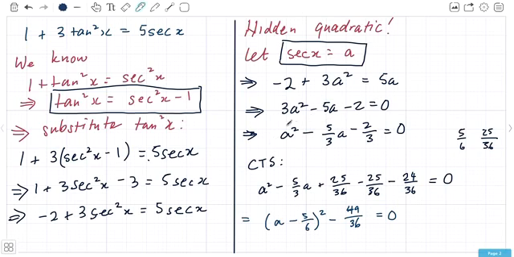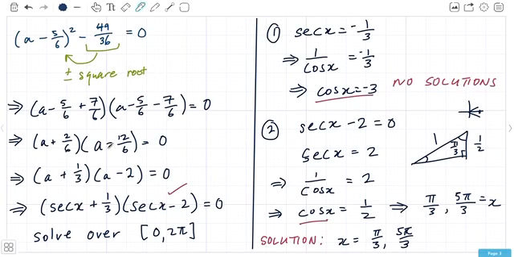You know, straight up at this point, you could put this into your TI so that you don't have to do all of the work. But we just did this, completing the square by hand to get our 2 solutions for sec x, and then solving them. Remembering that sec is 1 over cosine, so we'd have to flip these 2 answers to get a 1/3 and to get a positive 1/2, and then solving for x to get our final solution in the particular domain that we required.